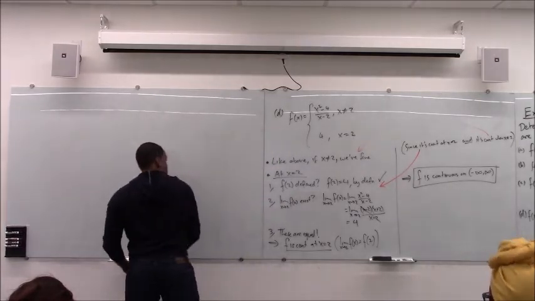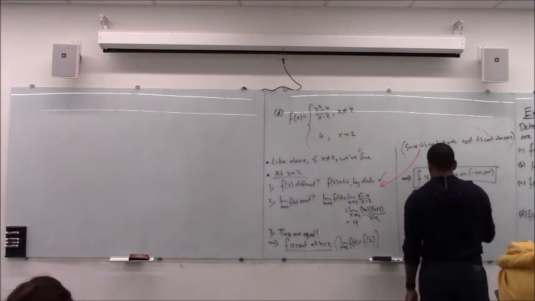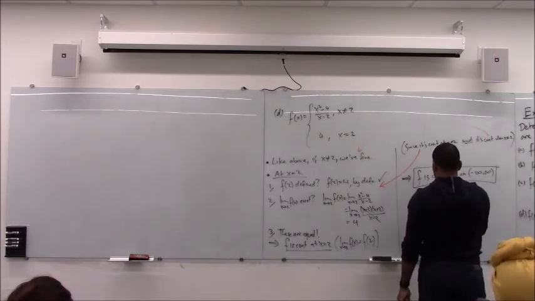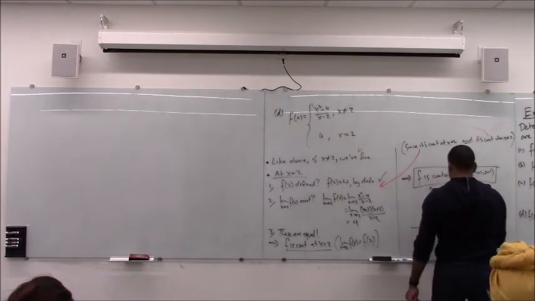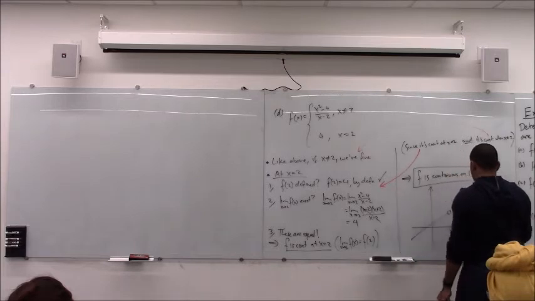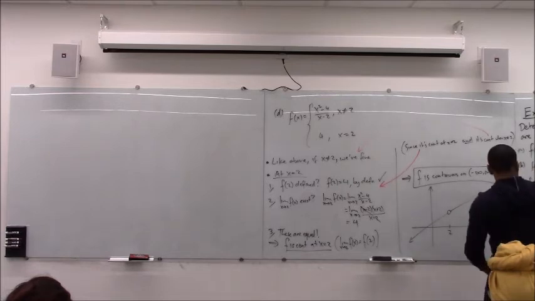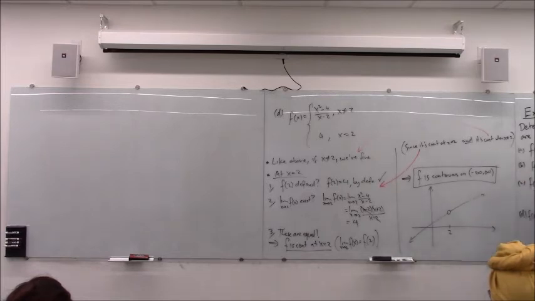And you'll notice what happened here, just to continue what we're doing during the picture. So you had your function doing this thing, and at 2 there was a hole. That hole, the location was around 4.